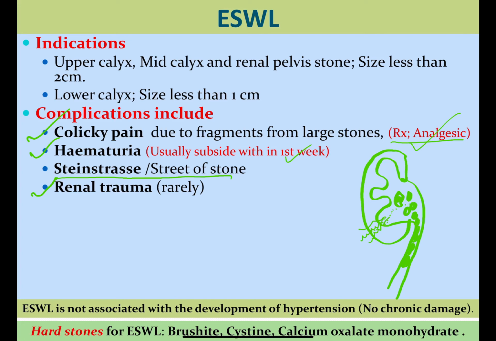So in X-ray, you can see a lot of stones lying one after another. It looks like a path of stones, so it is known as steinstrasse. If it happens, then what we do is either we can break the leading stone by outside ESWL, or we can go from below, that is URS, and break this stone and allow the other stones to pass. Okay, we can do that.